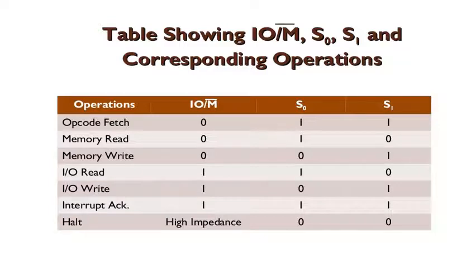When IO slash M bar is equal to 0 and S0 and S1 are 1, then it indicates opcode fetch. When IO slash M bar is equal to 0 and S0, S1 are 1 and 0, then it indicates memory read. Similarly, you can see the table and the operation of each and every thing.